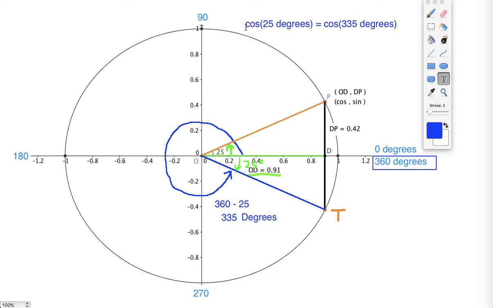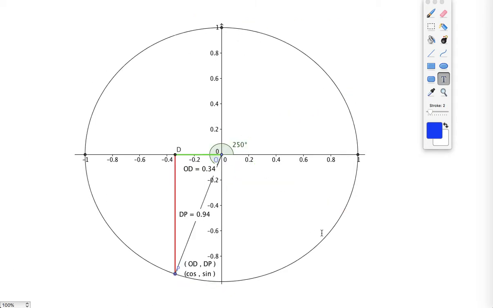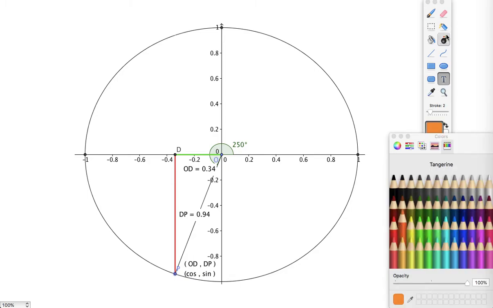Let's do another example. Let's say I had this, and let's try to use the same colors here. All right, so my point P is down here. The angle for point P goes from here to here, and that is 250 degrees.